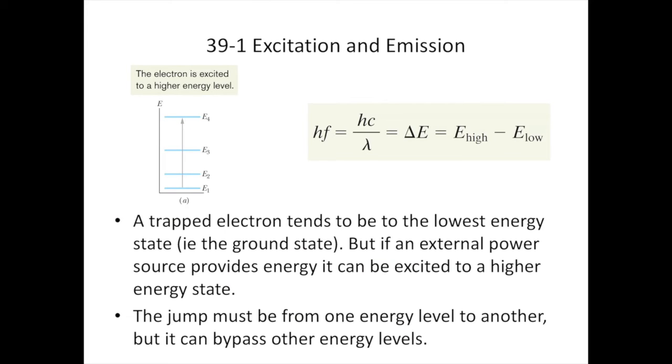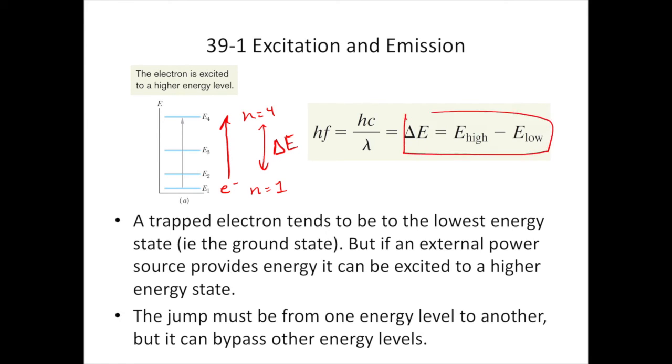Another direct application of this is excitation and emission, right? And basically if you have an electron that's in the n equals 1 state, it can actually jump up to the n equals 4 state, and there's some delta E in there, right?